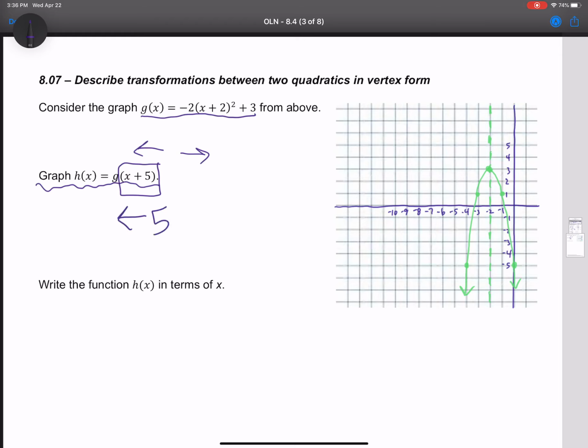So if you look at your graph, every single thing is going to be left 5. So your vertex is now going to count 1, 2, 3, 4, 5. Your -1, 1 is now going to be at -6, 1. Your 0, -5 is now going to be at -5, -5.